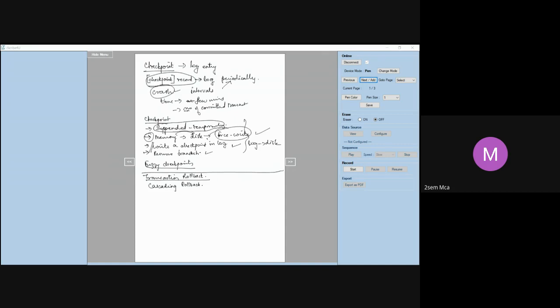Navya, present, ma'am. Pooja, present, ma'am.